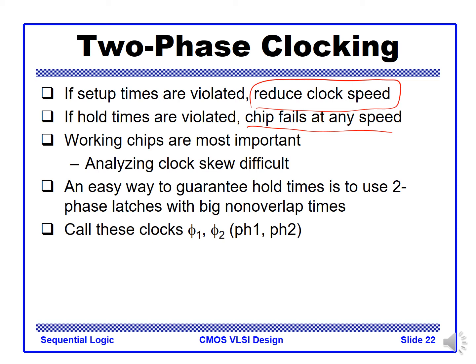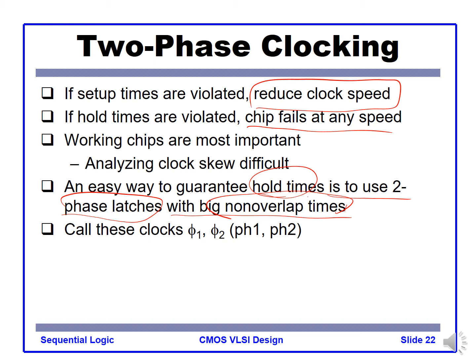An easy way to guarantee the hold time is to use two-phase latches with big overlaps, right? The amount of the overlap period will add more margin on the hold time checking, but it has some limitations.